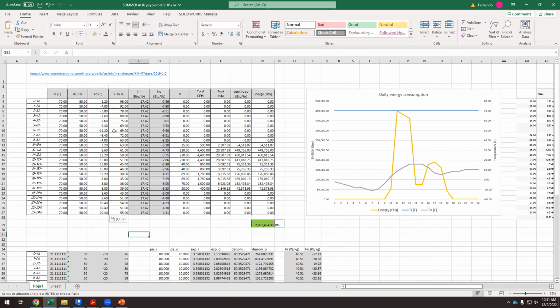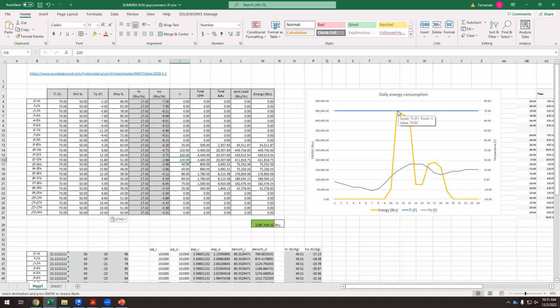Do I have to do anything else? Not really. So where do I consume the most energy? At this point, when I have the highest occupancy, when I have 220. Okay, so this value is 0.11 to 0.1.